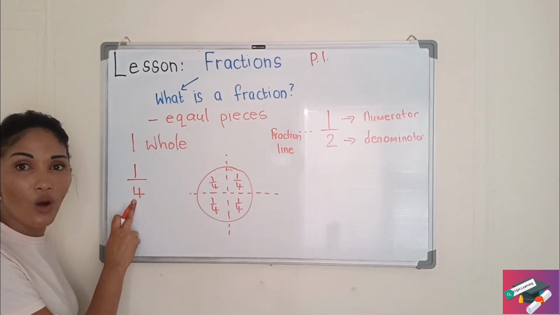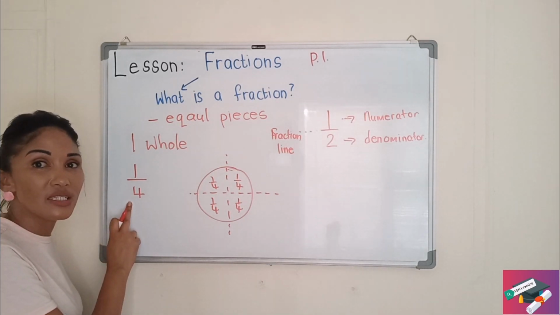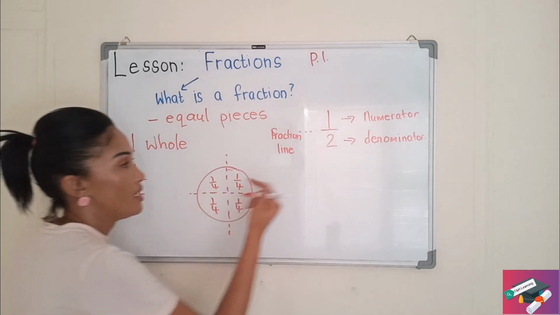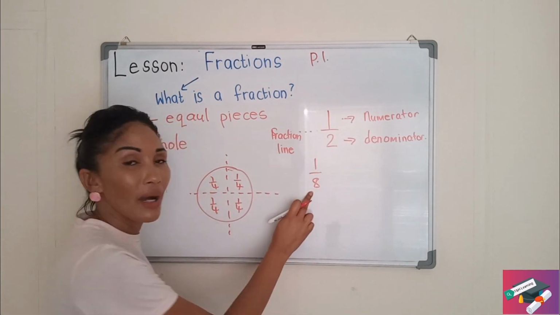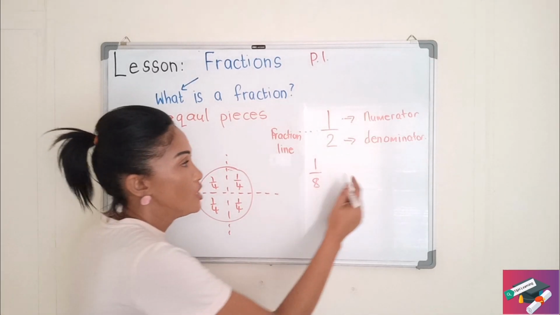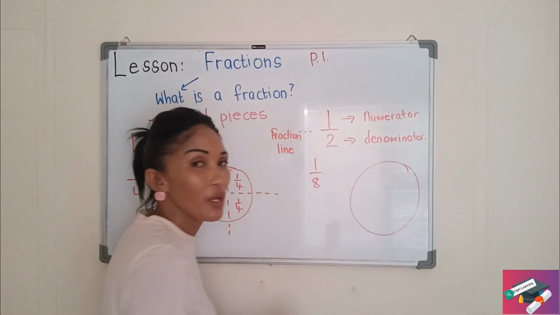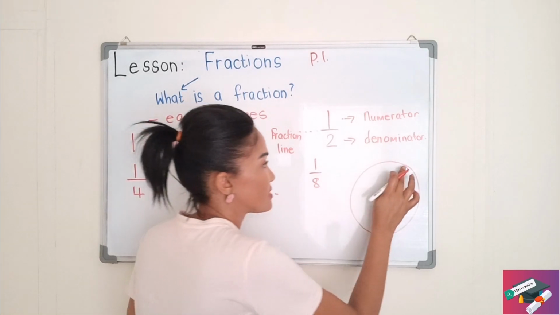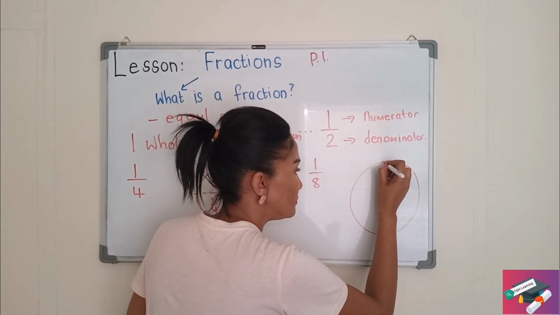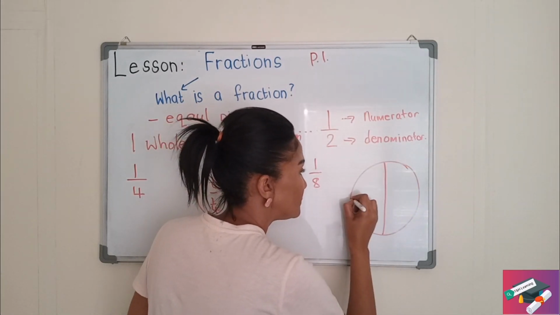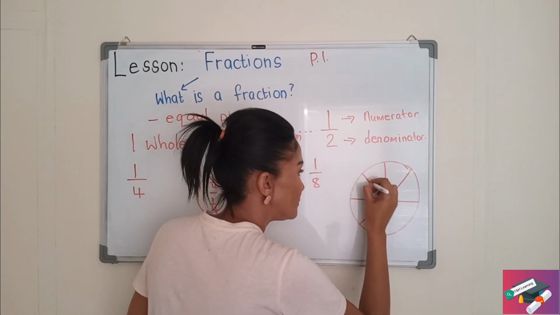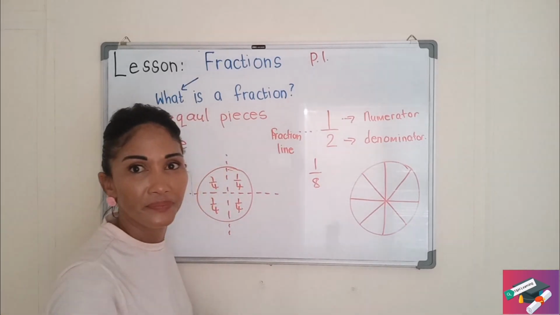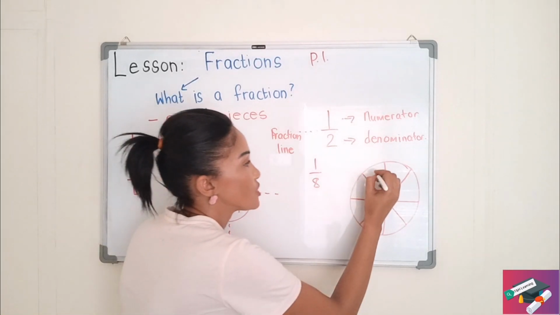I've got 4 equal pieces. So a quarter is equal to 4 pieces. Another example. My denominator is 8. So I need to divide my shape into 8 pieces. 8 pieces.